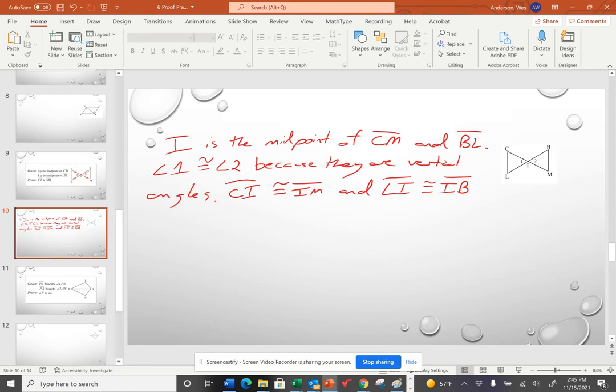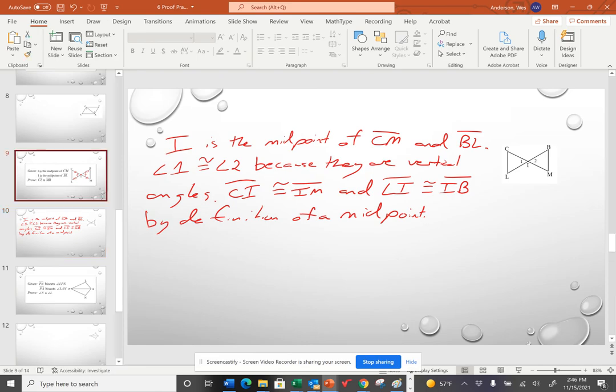Because that's what a midpoint does. You're allowed to write that this is congruent to that and that is congruent to that by definition of a midpoint. If you're ever not sure, a lot of times you just say definition of whatever the tool is you're using. That works about 90% of the time.